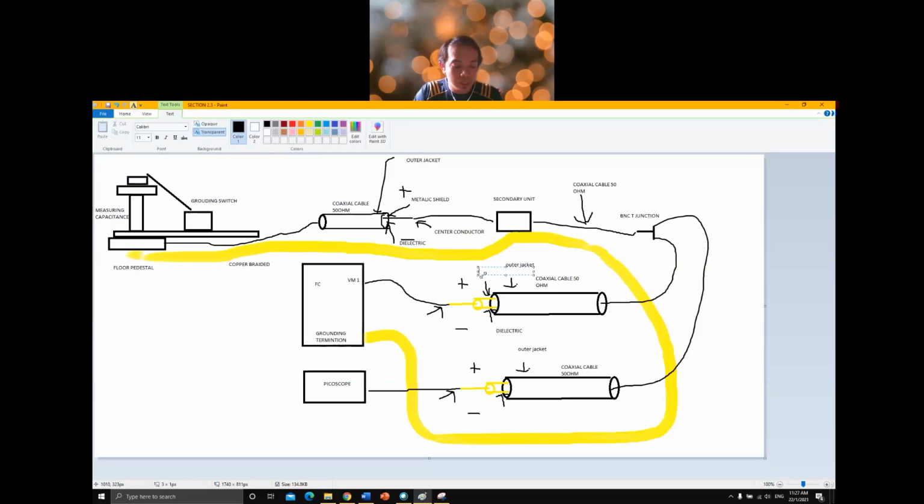And this is the metallic shield. The yellow one is the metallic shield, and the center is the conductor center line.